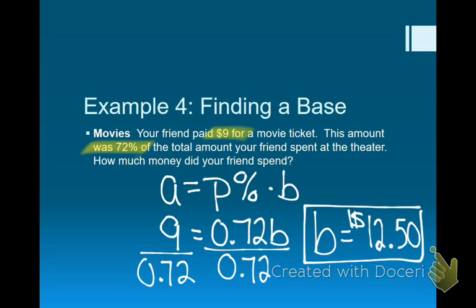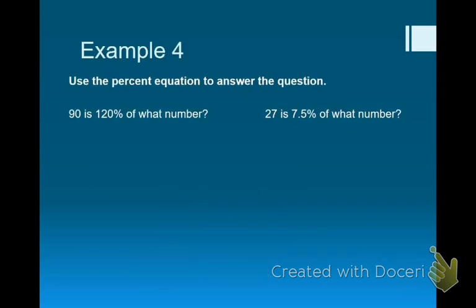Alrighty, last couple problems. Okay, go ahead and solve these percent problems. We're going to solve both of them, but go ahead and plug your values into your percent equation on the first one. So 90, does that go in for A, B, or P?